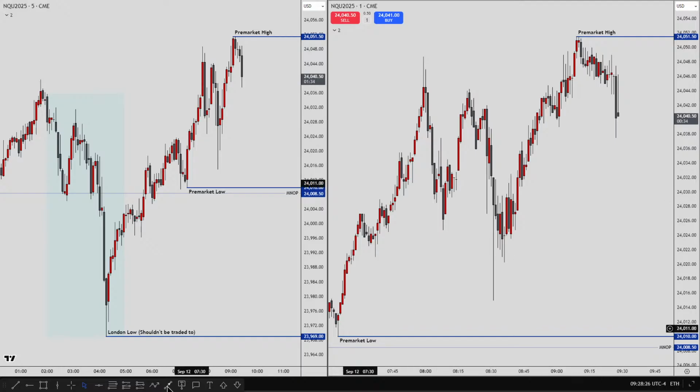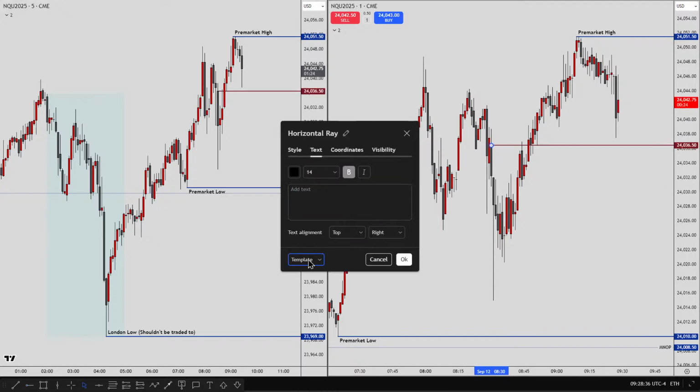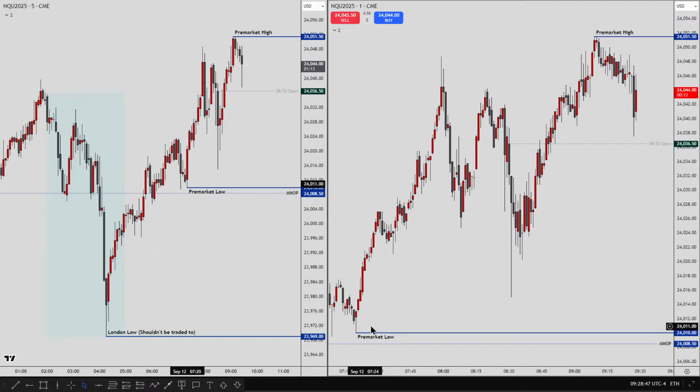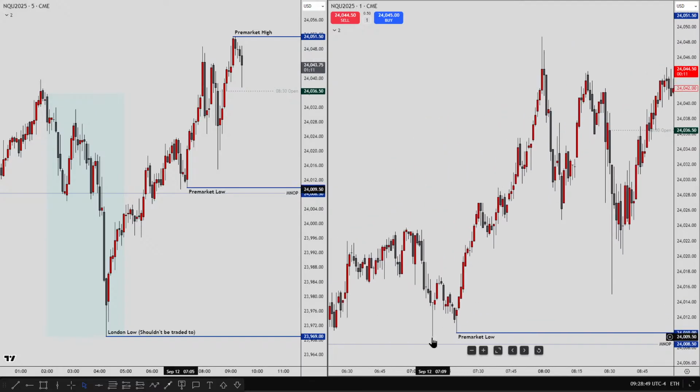Okay, and then we'll look at our 8:30 opening price. Those equal lows between 709 and 720 got me thinking we're going lower. 709, 720.